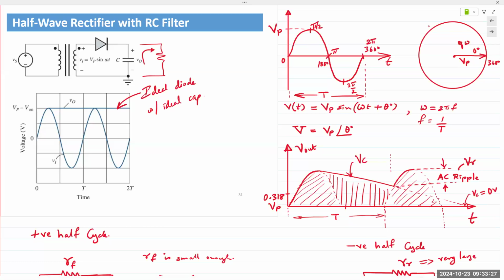But at this point right here, where the diode is supposed to turn on, the capacitor is holding the cathode of the diode at a higher voltage level. This is the voltage level right there. It's not quite zero, right? It's way above zero.